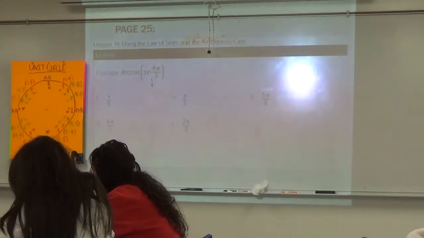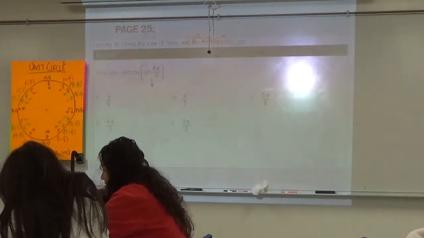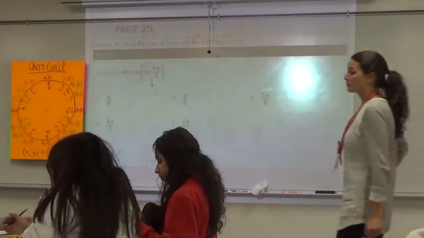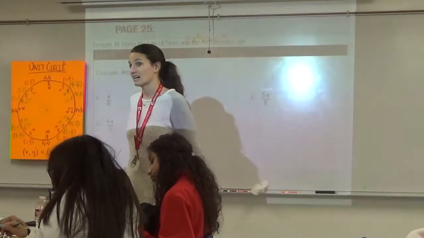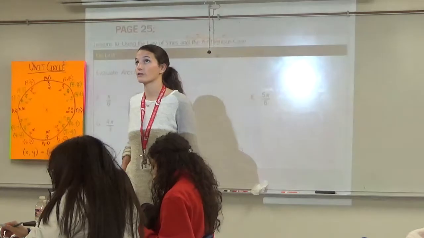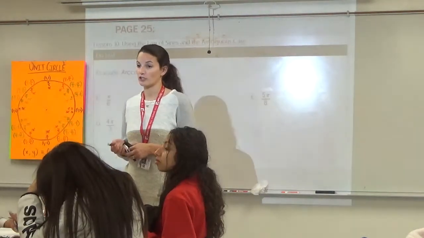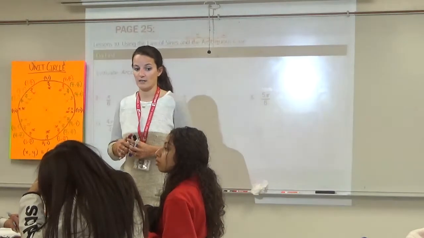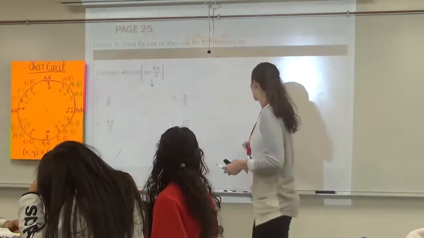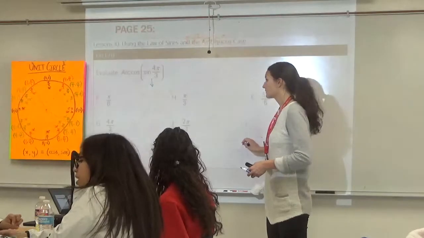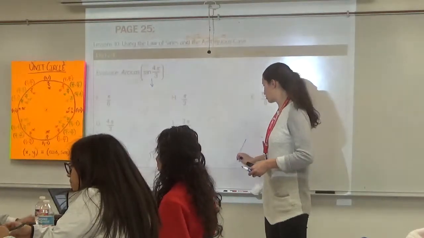Everyone take a look at your unit circle, or at this point, since we've almost memorized it, I want you to think about where 4 pi over 3 is. Try to do it without looking, because on your quiz and on your unit test you won't have it. 4 pi over 3 is in the third quadrant.